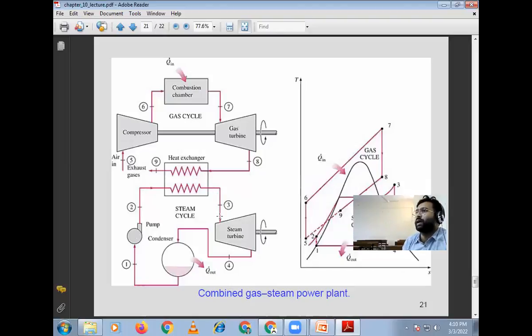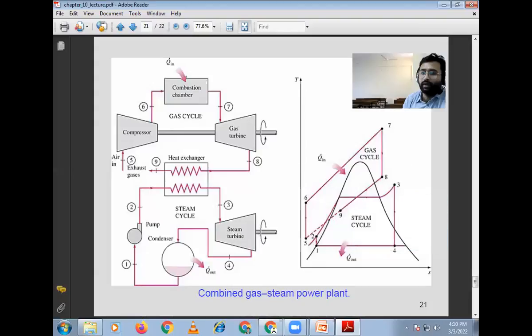This steam is again passed to the steam turbine, the same process takes place, the steam is taken out and passed to the condenser, where it is condensed to water, and the water is again pumped with the help of the feed water pump. So this way a combined effect is achieved. We can produce electricity first by the gas power cycle, and in the second phase we can produce electricity by use of steam.